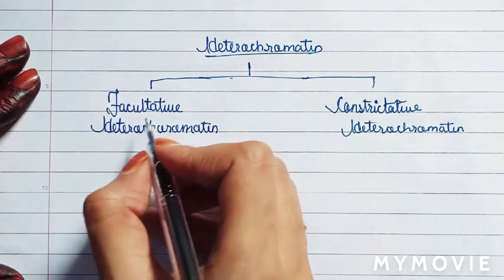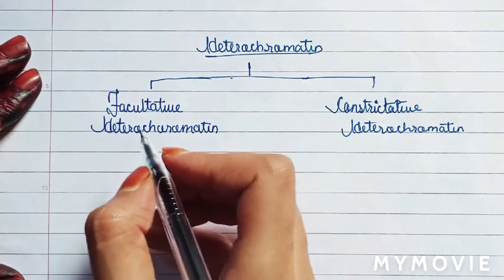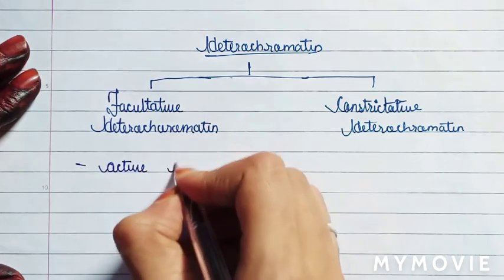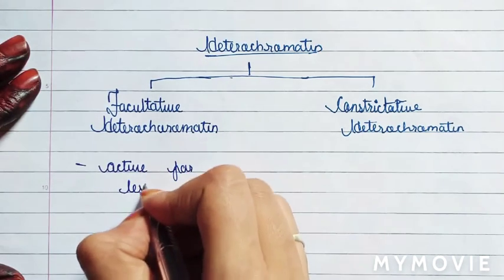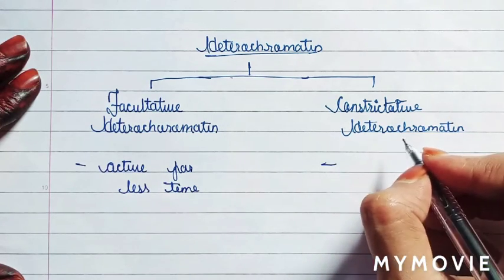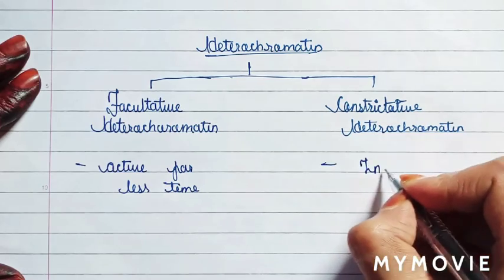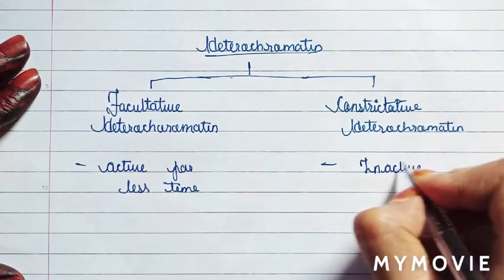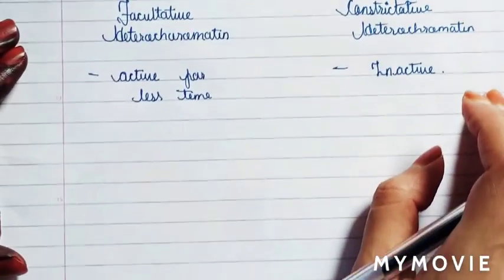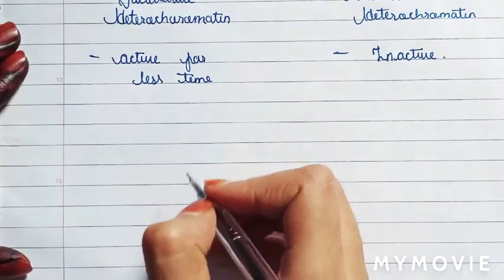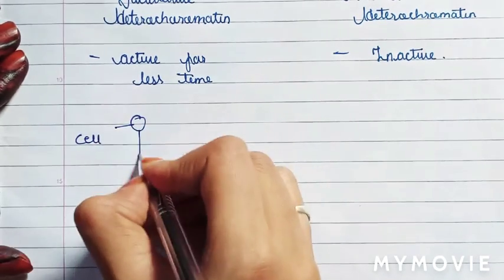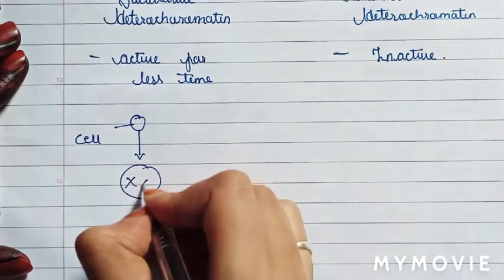Now this facultative heterochromatin is active for less time, meaning for a small time, and this constitutive heterochromatin is always inactive. Now if we take a human cell which has two X chromosomes, here two X chromosomes are present.